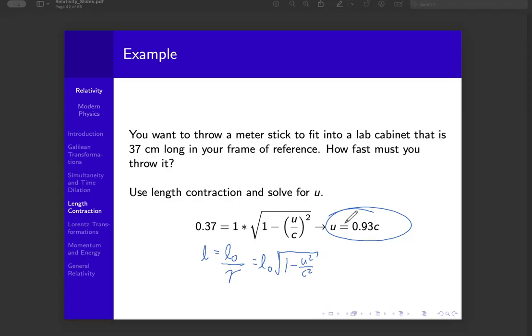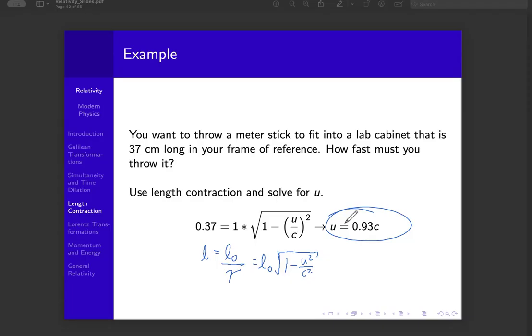So what we know so far is that if something is moving near the speed of light, then time passes differently for that moving object. That's time dilation. We also know that lengths, or distances, are different as well. A person moving near the speed of light will perceive greater distances for those other moving objects.